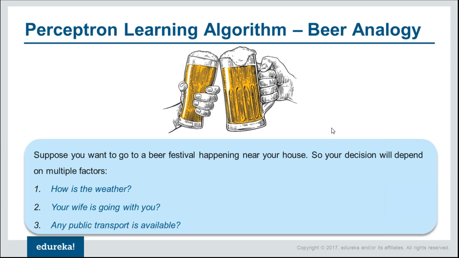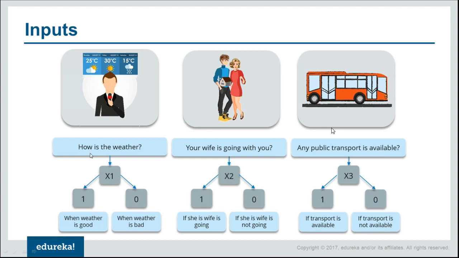And is any public transport available? Different people might be staying at different places, so they want to see whether public transport is available there or not, and accordingly people decide whether they should go to this festival or not. So here we have the weather. How is the weather?